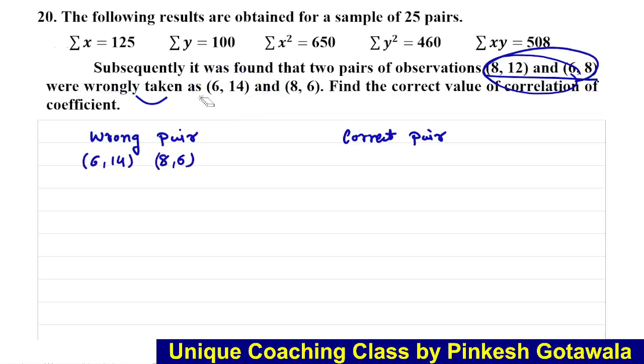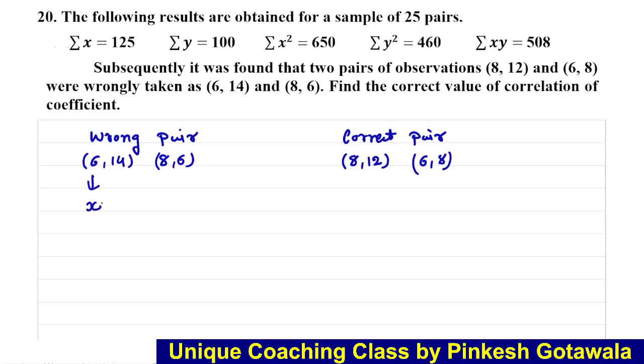It is a wrong pair and this is the right pair 8 12 and 6 8. This is the correct and right pair. Now this is the value of x and this is the value of y. This is the first value x and the second value y. First x, second y.